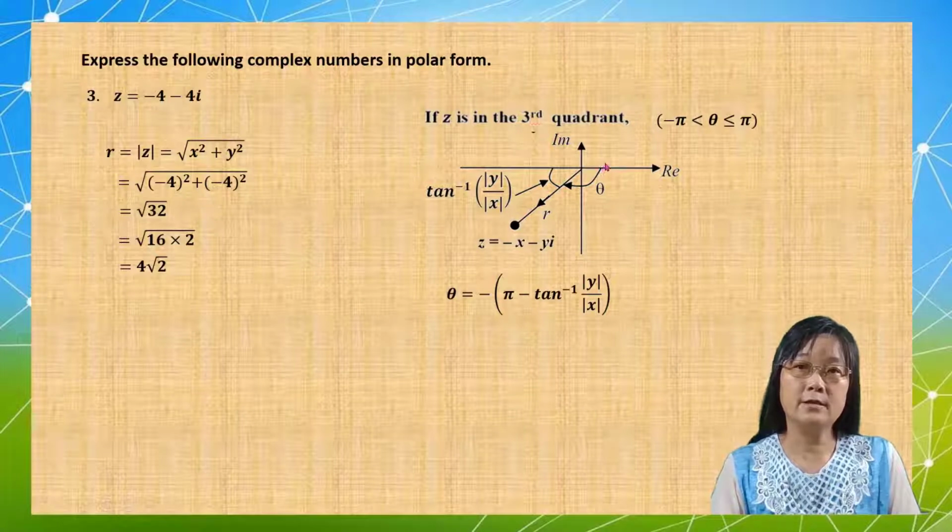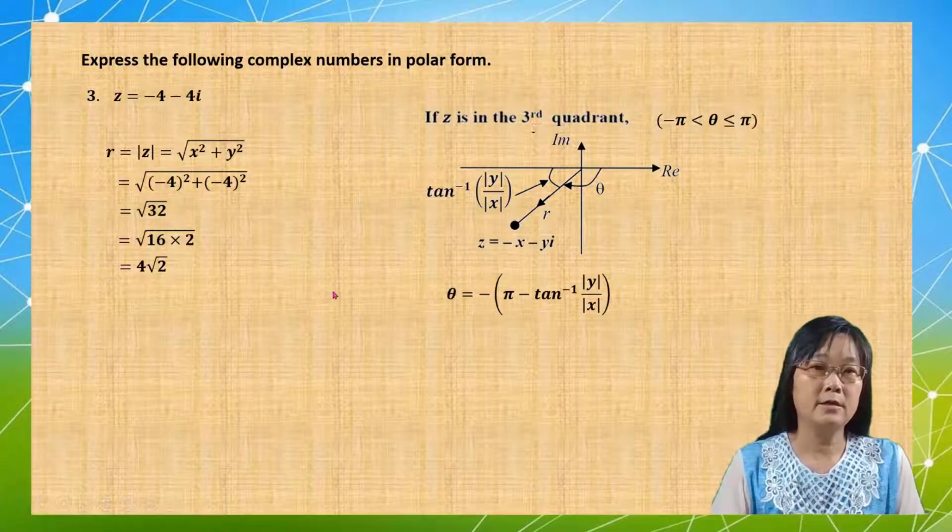So this angle is equal to pi minus the basic angle. Then the whole thing is equal to negative. So it is negative pi minus arctangent y over x.